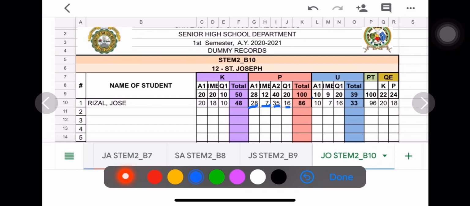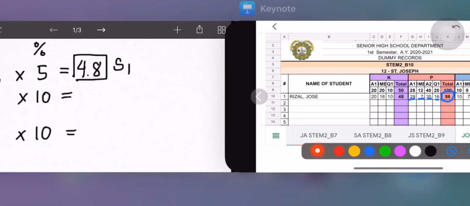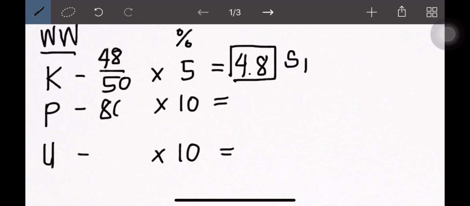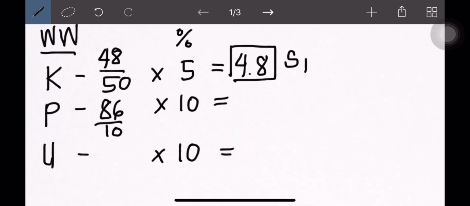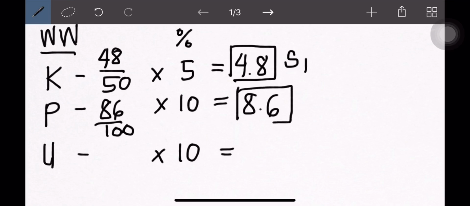So to add everything, you have 86 over 100 because the total score for the written works in process is 100. So 86 over 100, and then multiplied by 10 because process has 10%. So you have 8.6. So we're gonna call this S2 or score 2.